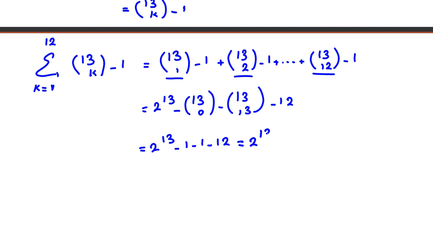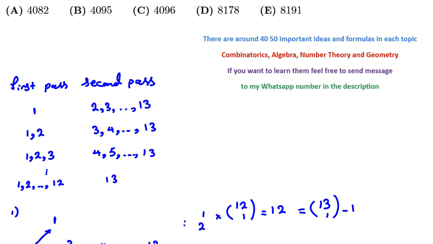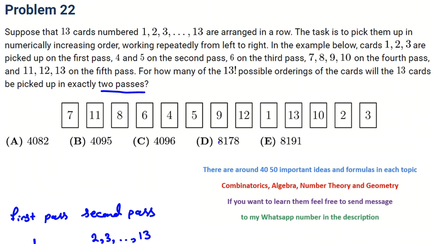So it will be 2 to the 13 minus 14, which is 8192 minus 14, which is 8178. Okay, so the answer is choice D.